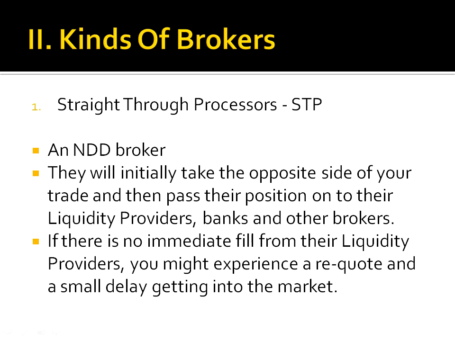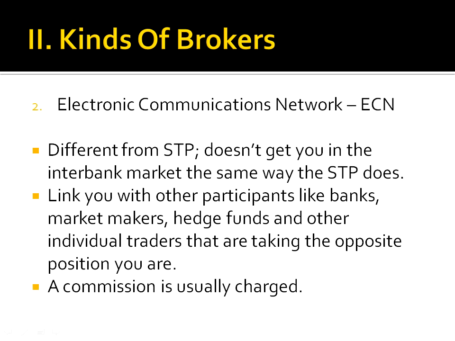The first, the straight-through processors, STP, they're a non-dealing desk broker, and they will initially take the opposite side of your trade and then pass that position on to their liquidity providers, the banks and brokers and things like this. If there is no immediate fill from their liquidity providers, you might experience a requote or a small delay in getting into the market.